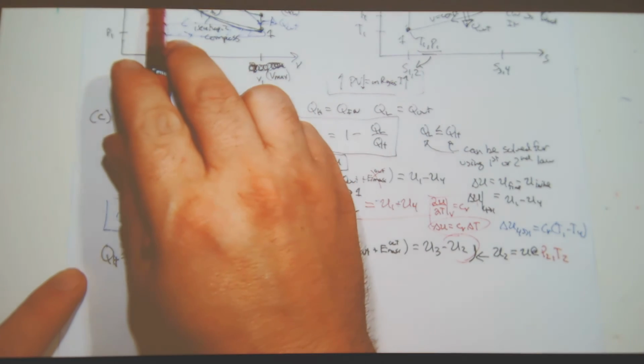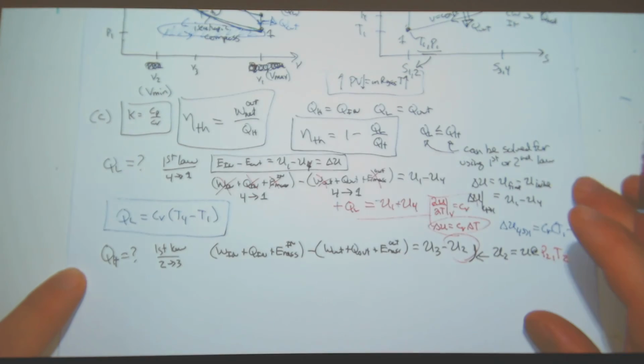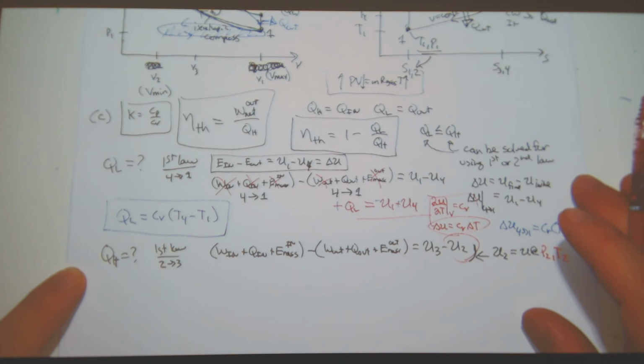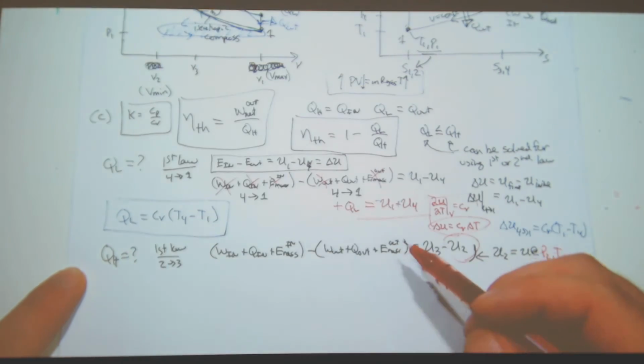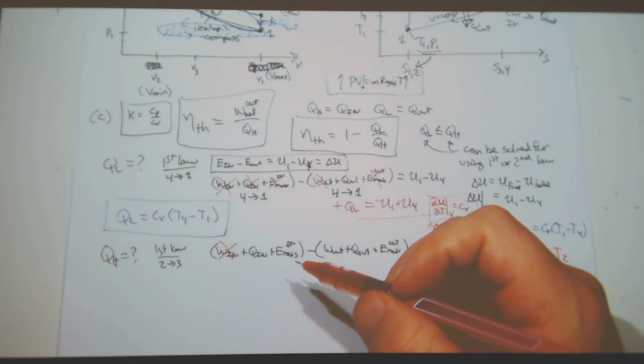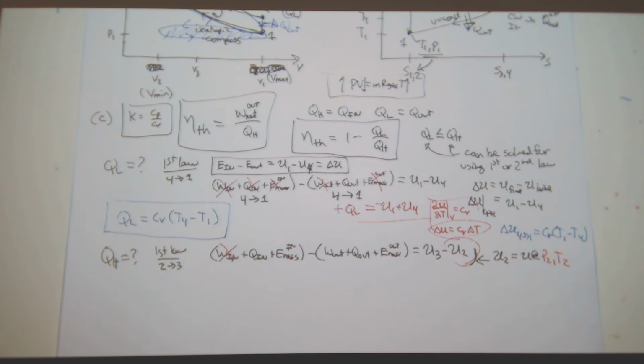Now, it turns out that when you have this expansion, it's work out. So there's no work in here, there's just work out. So I'm going to cross it out. But in general, if you didn't know, you could just guess it is net work in, so then I could cross out work out.